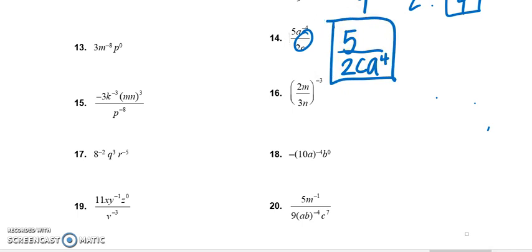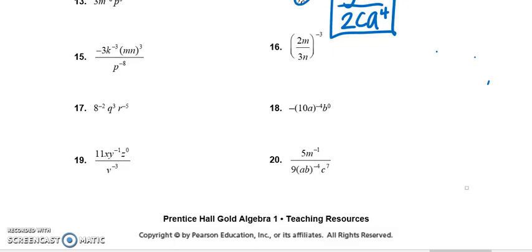And let's just end on a lovely note, we'll do number 18 and 20. Okay, so b to the 0 we know is 1. If you notice, there's parentheses, so the negative 4 goes to the 10 and it goes to the a.